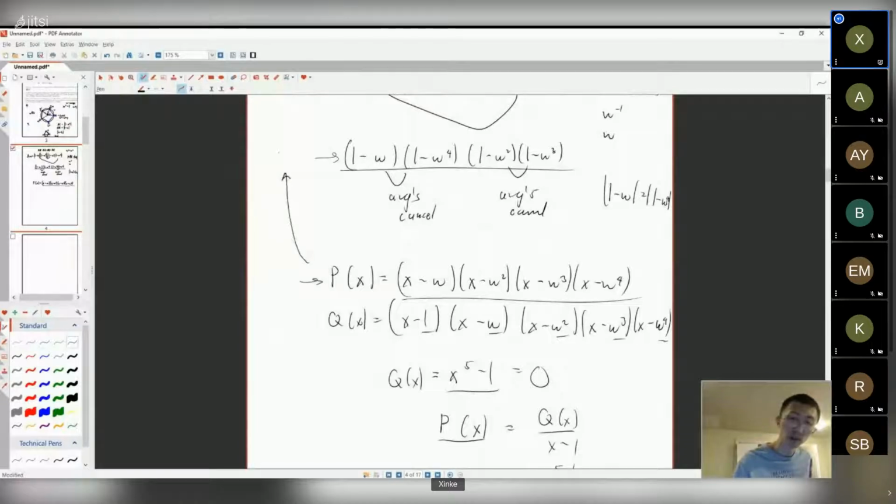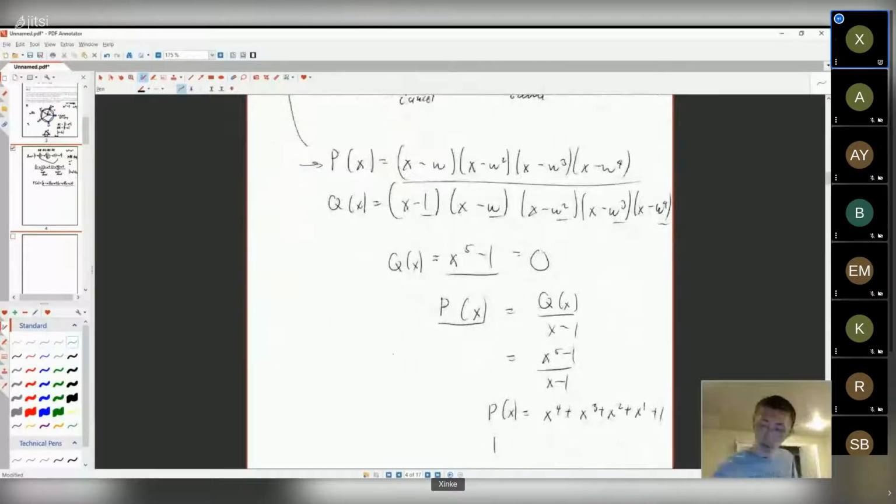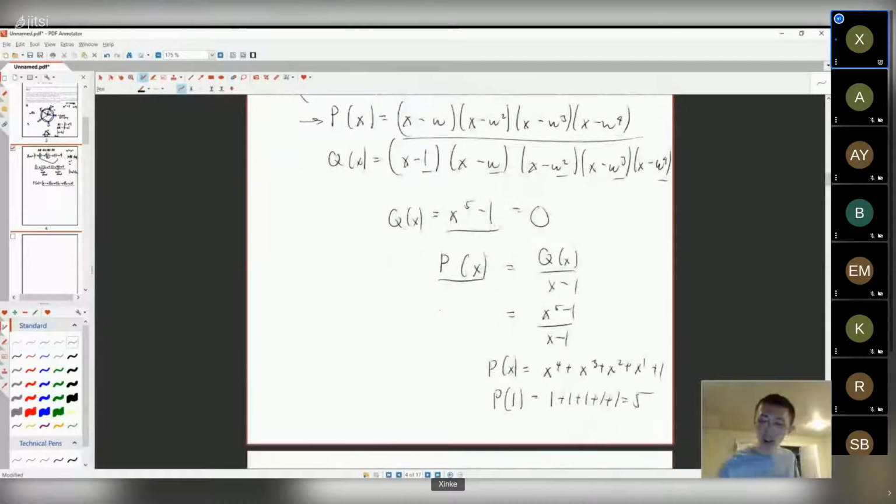So now we just need to find p of 1. On the one hand, p of 1 is just 5. On the other hand, this factors into the product of x minus omega to the k, k equals 1 to 4.